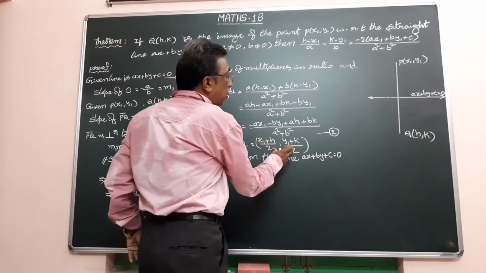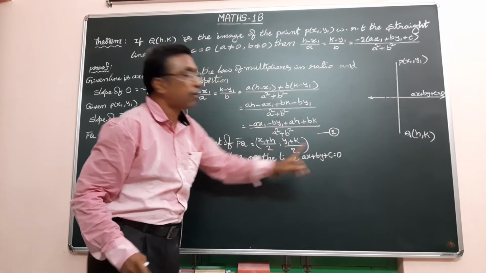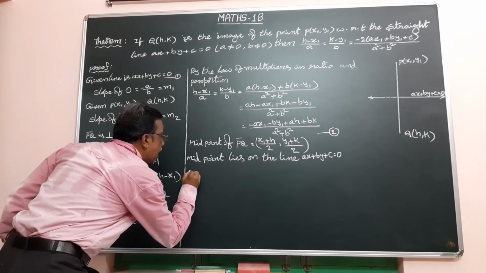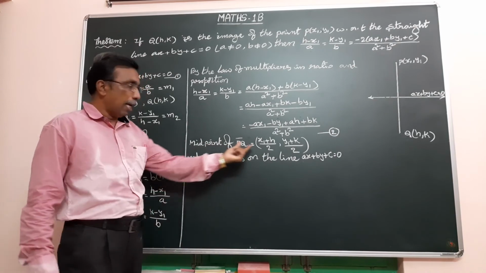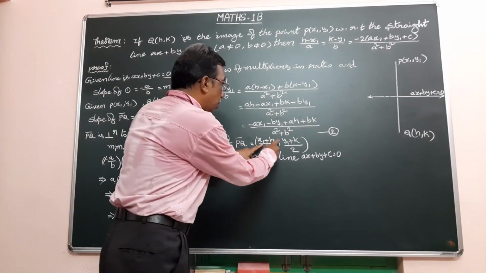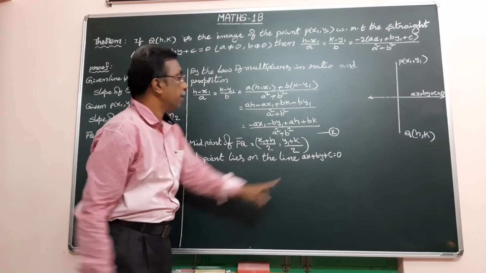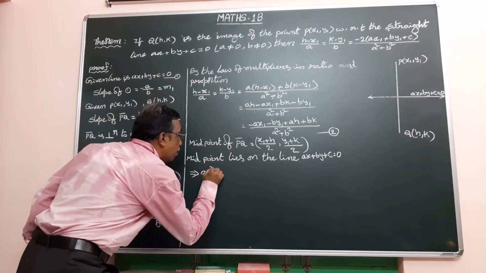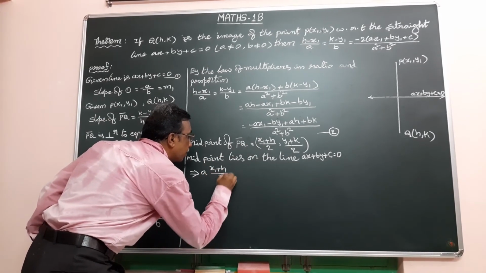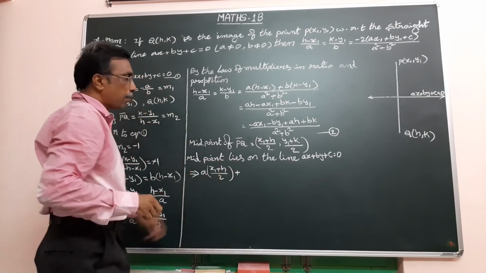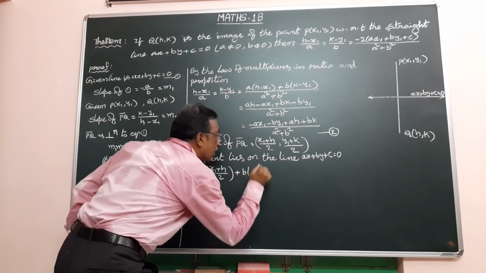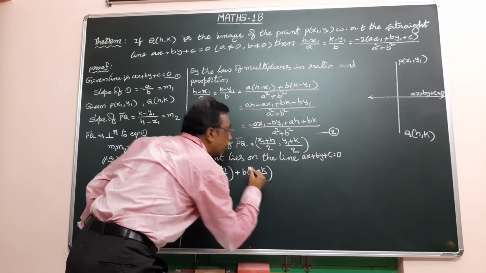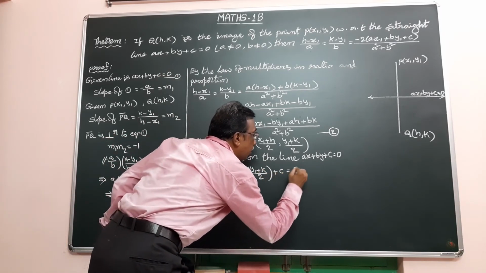Now substituting this midpoint in the given line equation, we consider this is x, y. A into x, where x means x1 plus h by 2, plus b into y, where y is y1 plus k by 2, plus c equal to 0.